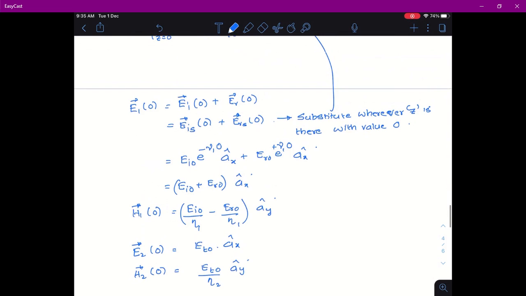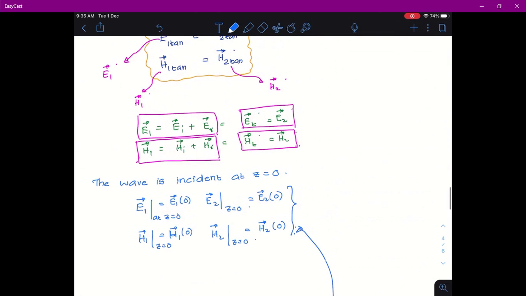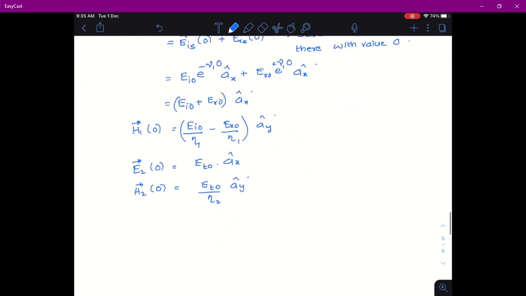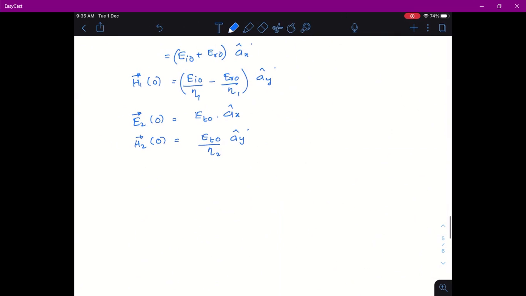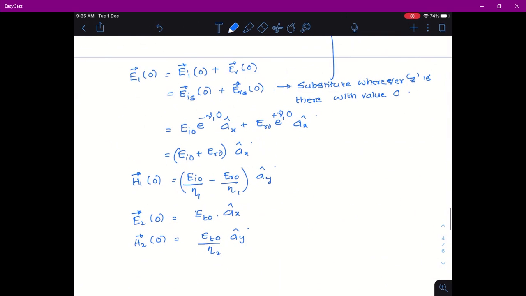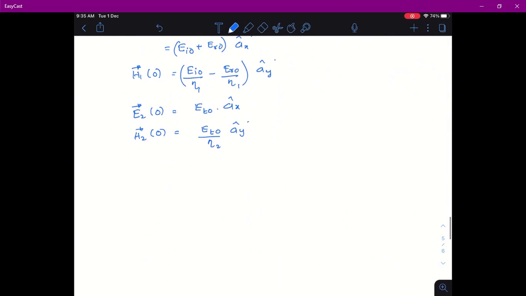Now let's substitute in this equation, in this one. So your E1 of 0 is equal to E2 of 0, which means EI0 plus ER0 is equal to ET0, and similarly H1 of 0 is equal to H2 of 0.